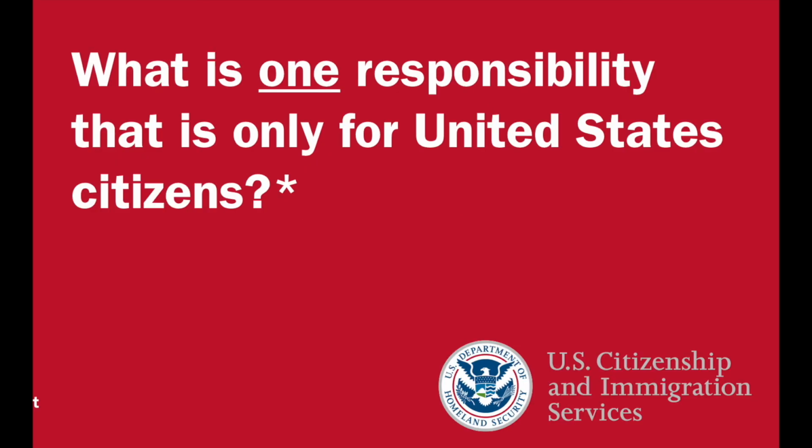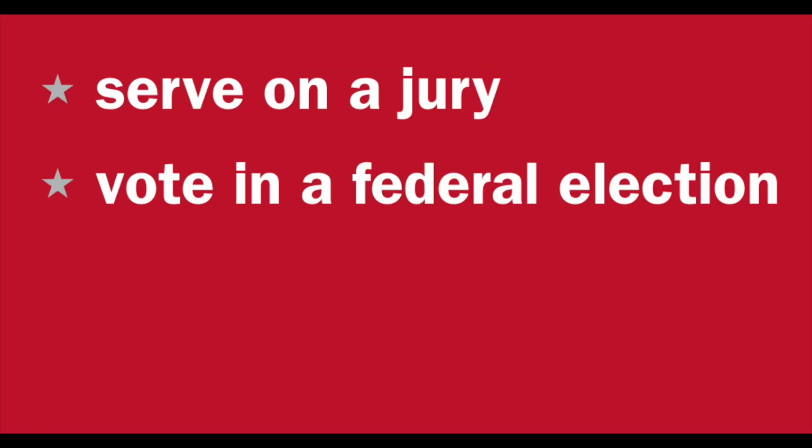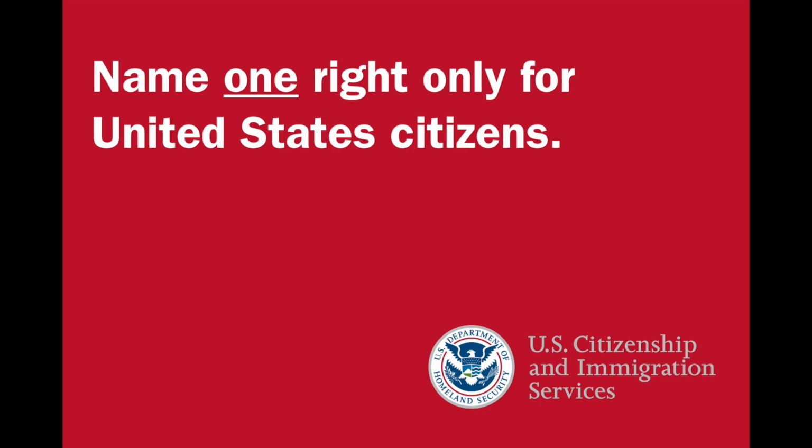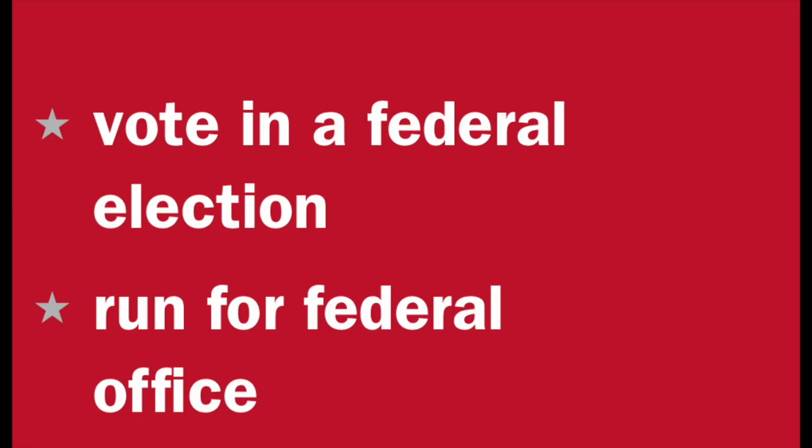What is one responsibility that is only for United States citizens? Serve on a jury, vote in a federal election. Name one right only for United States citizens. Vote in a federal election, run for federal office.